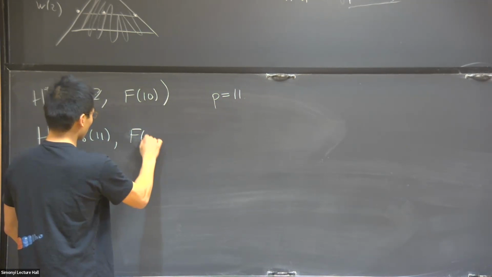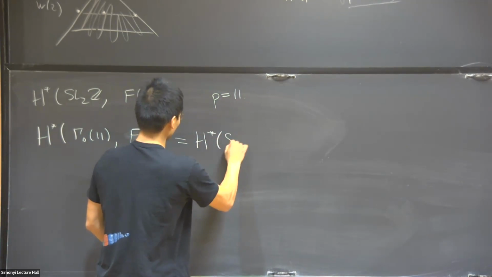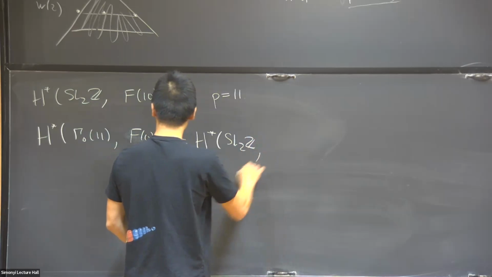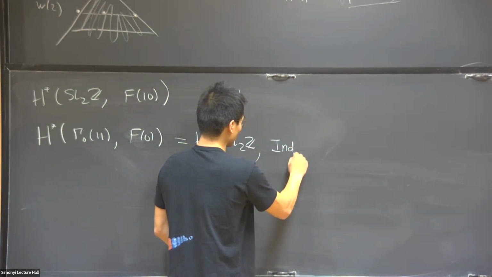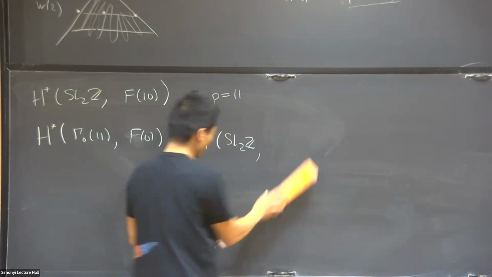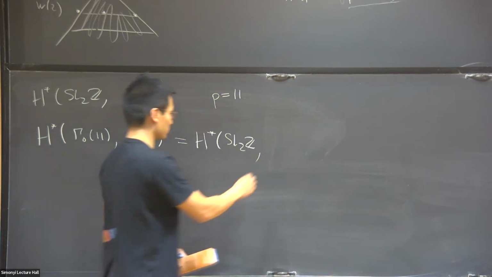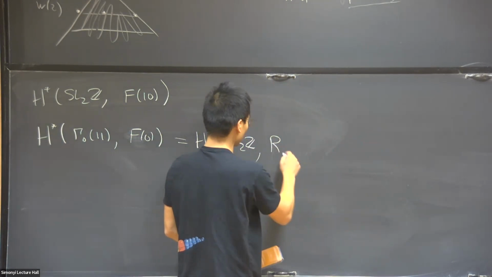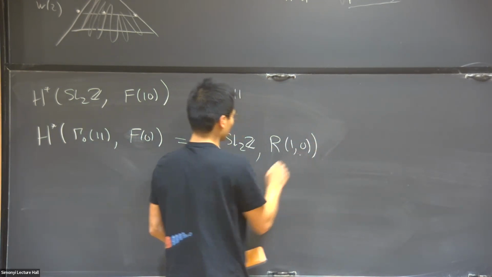That's F(0), and by Shapiro that is the same as the homology of SL_2(Z) with coefficients in the induction from the Borel over F_11 to the full group. Let's use the notation that I started writing there, R_1 and then 0 for the trivial character.